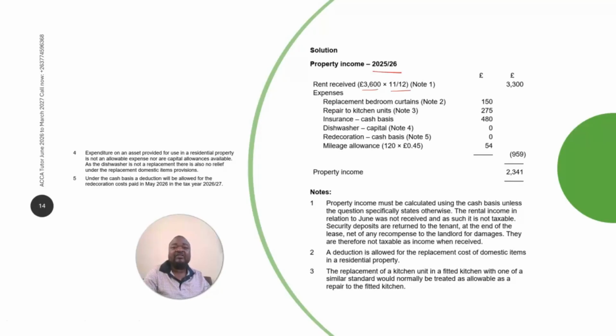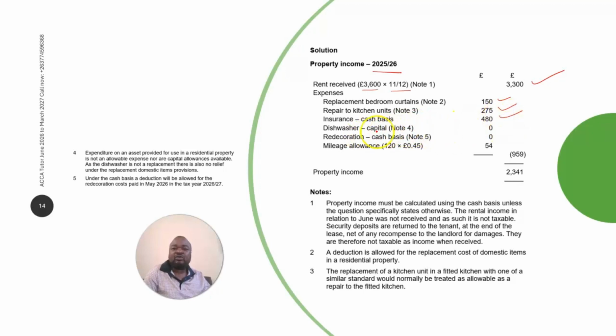Only rental for 11 months was received. So this comes to 3,300. Then the expenses, remember the curtains, the full amount of 150, the kitchen replacement 275. Then insurance, the full 480.